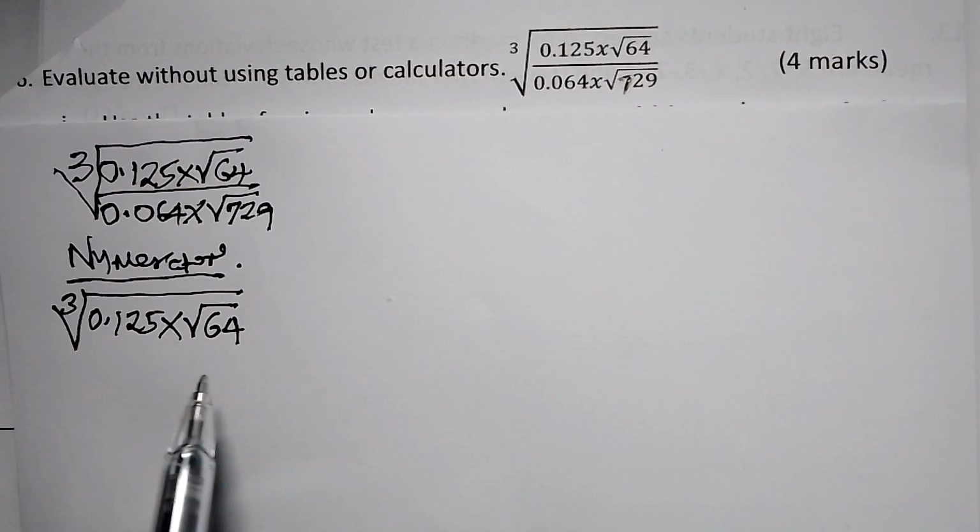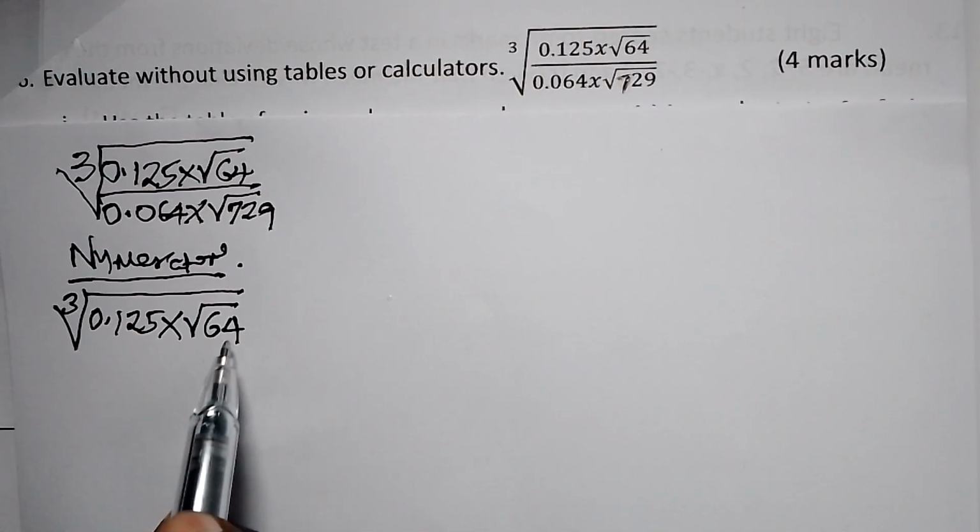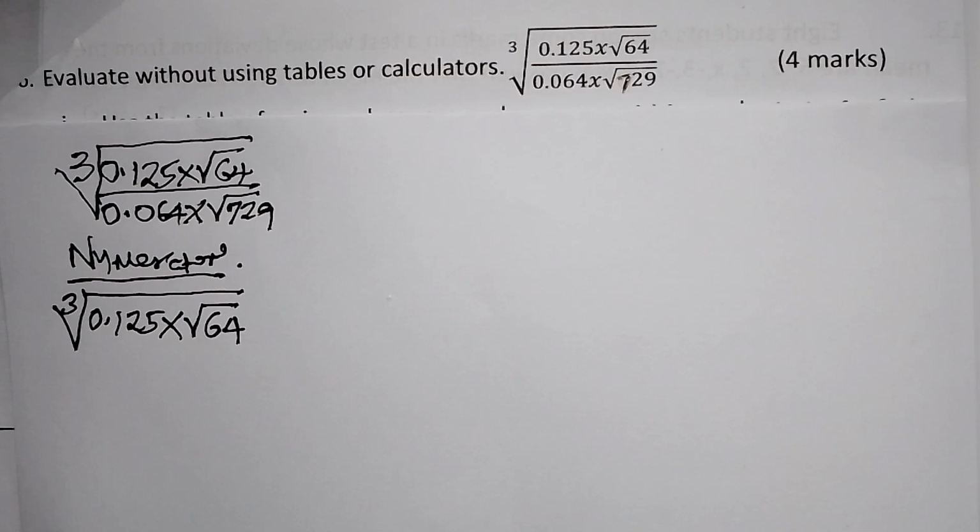How do we get the square root of 64 without using the tables or calculator?